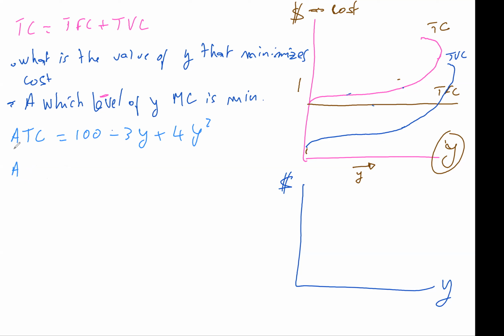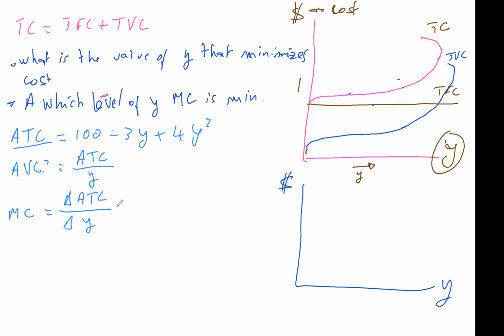What is the average variable cost? It equals average cost divided by y. What is the marginal cost? It is equal to the change in average total cost divided by the change in y.